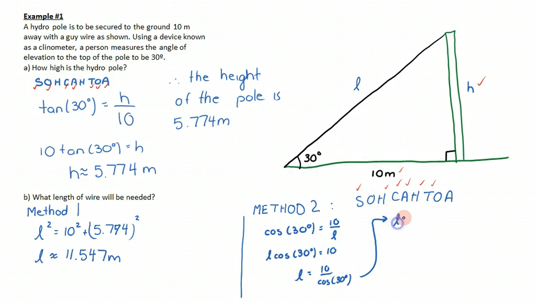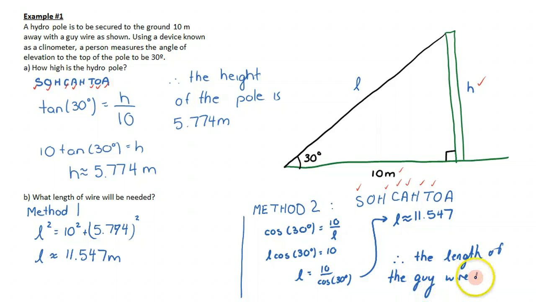And I see that I get L is approximately equal to 11.547, which is the same answer. So therefore, the length of the guy wire is 11.547 meters. I hope that helped.